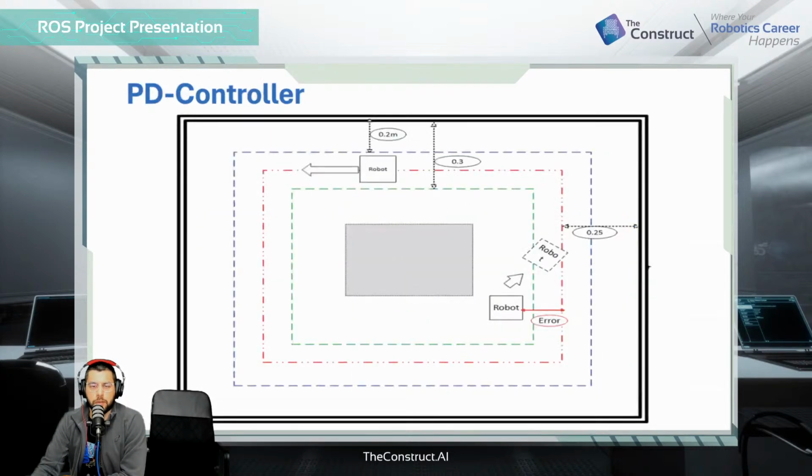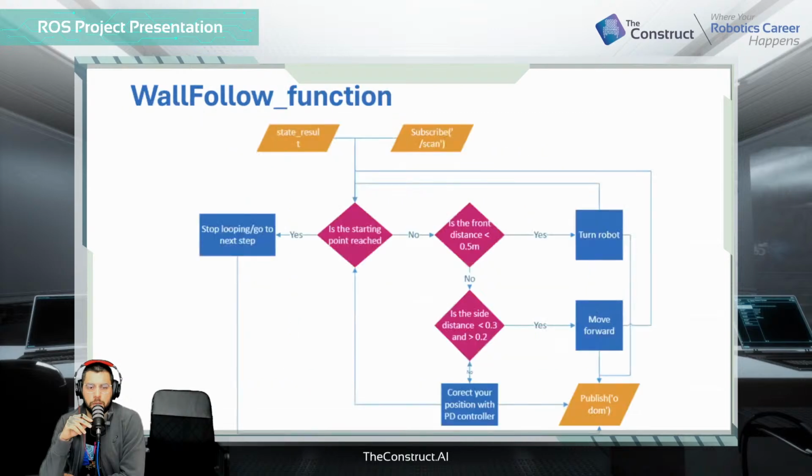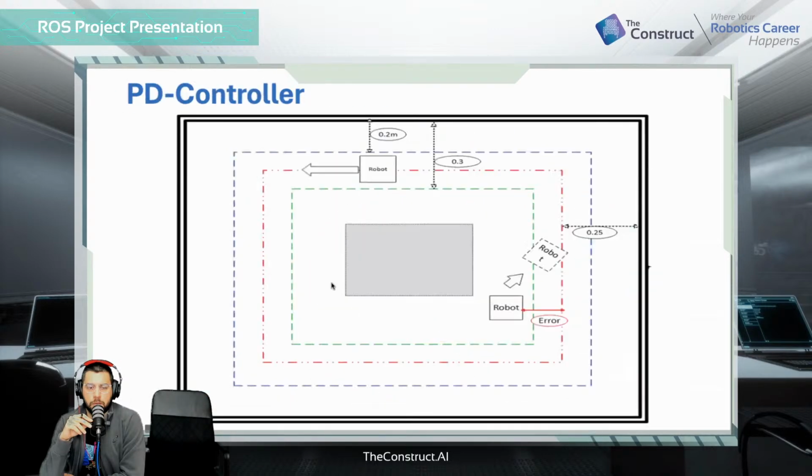So this PD controller, how it functions. Let us assume the shapes we see here represent the workspace where the robot moves. In the normal situation, when the robot is between 0.2 and 0.3 from the nearby wall, the robot would move forward.